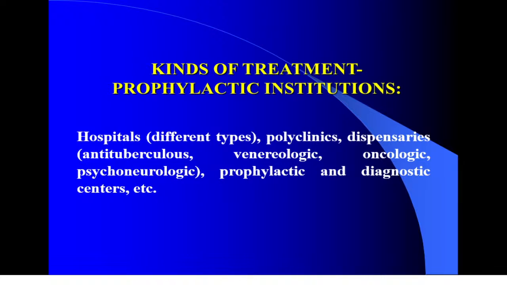These are big new medical centers where patients may receive diagnostic procedures and some treatment measures and treatment of diseases. But first of all, such centers are directed to the diagnostics of diseases.